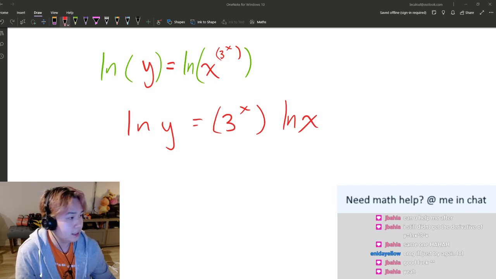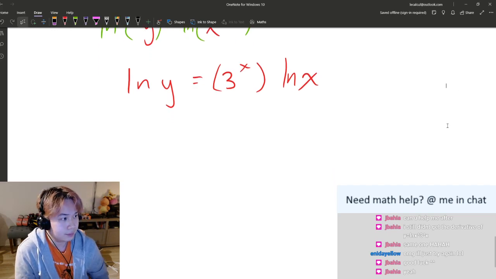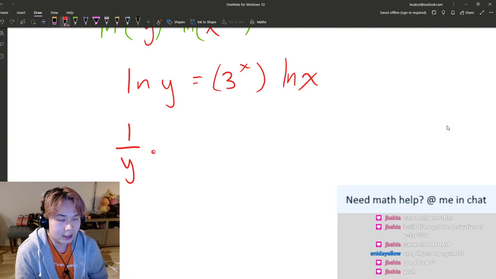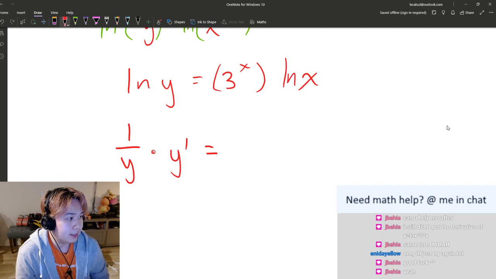And then we take the derivative of both sides, and then we're going to solve this implicitly. So the derivative of natural log y is 1 over y, and then we chain rule it with y prime. And then on the other side, this is a product, so we're going to use product rule.